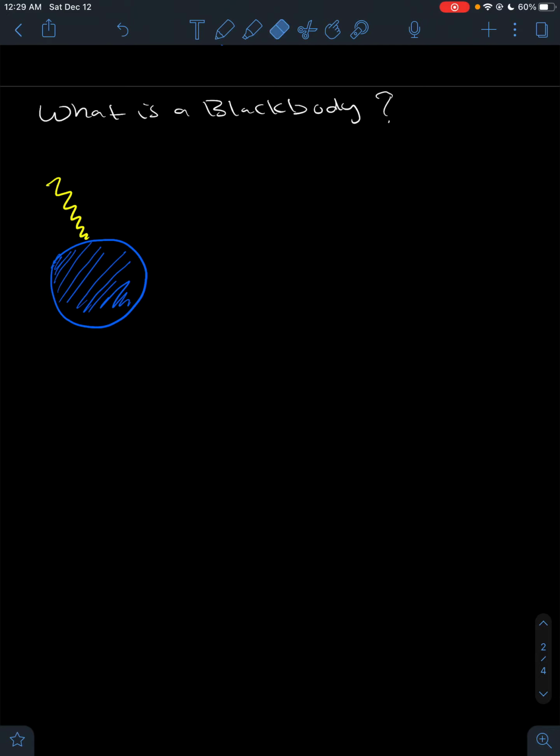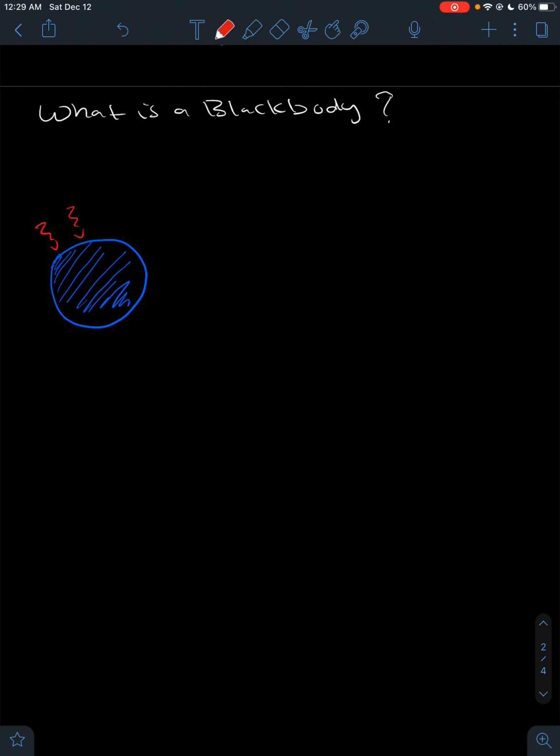Actually, not. It doesn't have to be light. The object just absorbs heat, pretty much. So let's just draw some heat waves. The object gets some heat, which gives it energy, right? And then the object starts to lose that heat in the form of light.